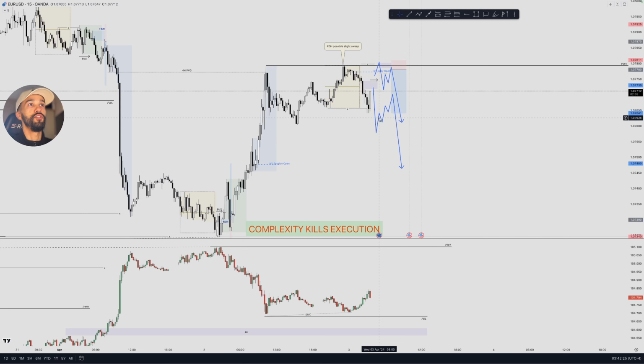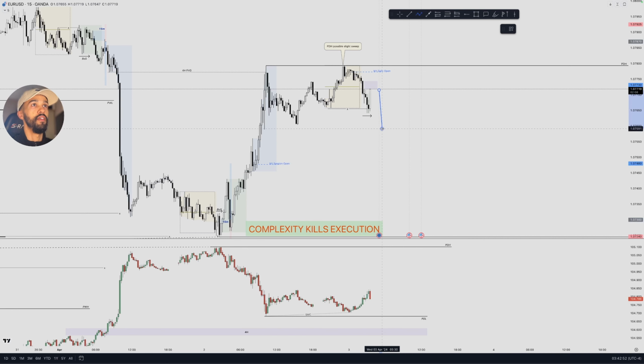I don't want to get too sucked into this scenario, but if price were to respect that, then that's fine, because then we would get the real break of structure here now, and then we'd be able to see what's left behind. So I will clear this out and I'll draw that again so it's more clear, and now we may get the structure back to this area here to continue lower.